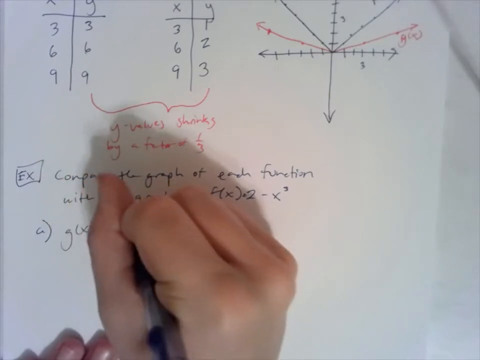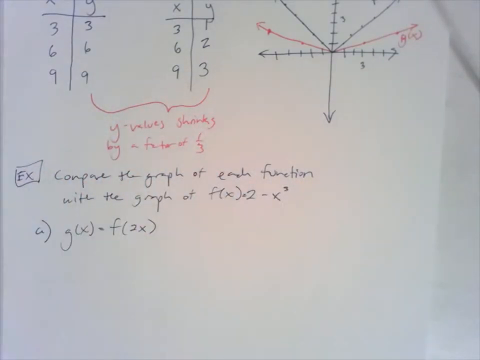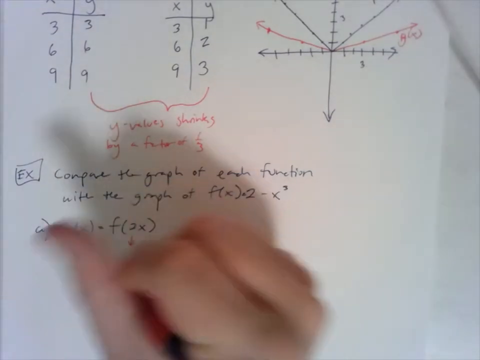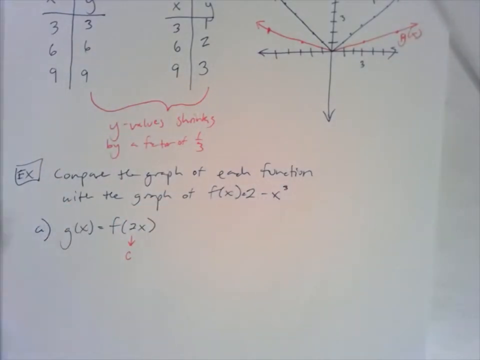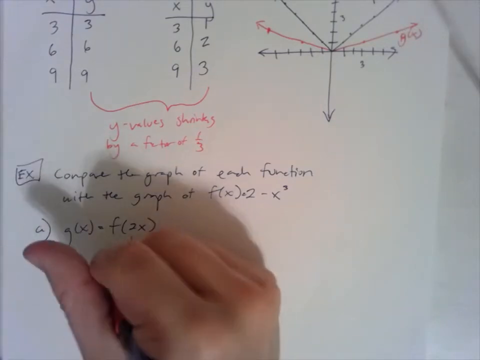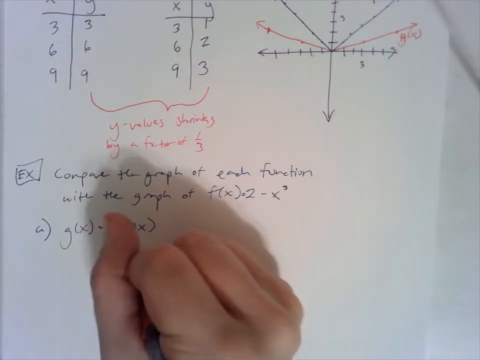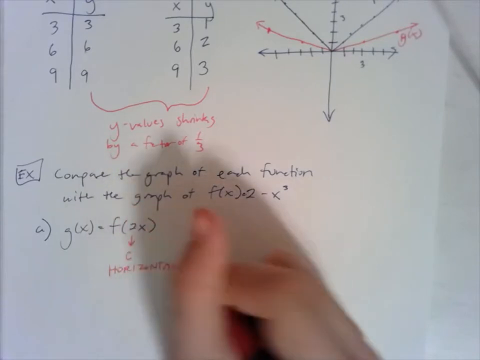Immediately what we can tell is going on here is a horizontal, this is our c value right there next to the x, and we can tell that we have that horizontal shrink, which is going to mean that our graph looks thinner.